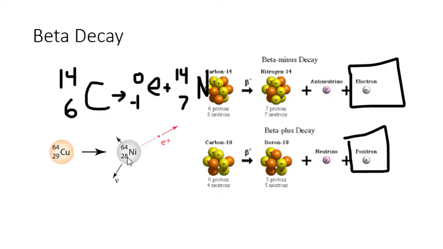Written here is another example of beta plus decay, where we're getting rid of a positron. So what does this one say? Let's see, what's something that goes through beta plus decay? Carbon 11 is a good example of that. Carbon 11 is something that could.